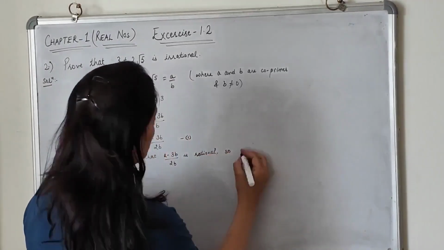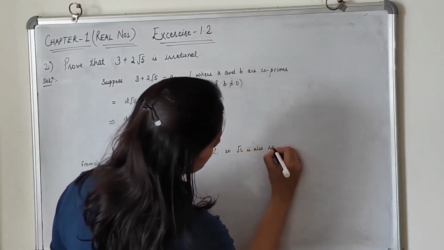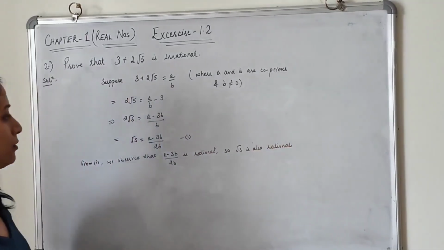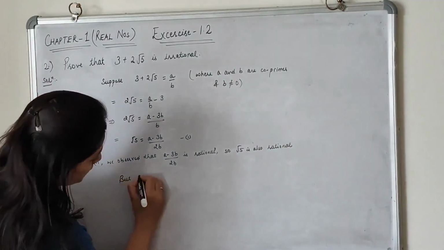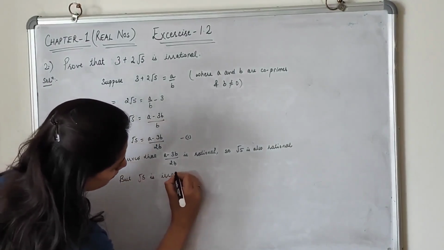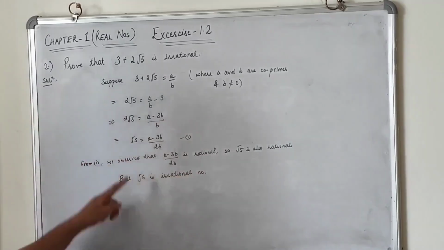So root 5 is also rational. But root 5 is an irrational number.